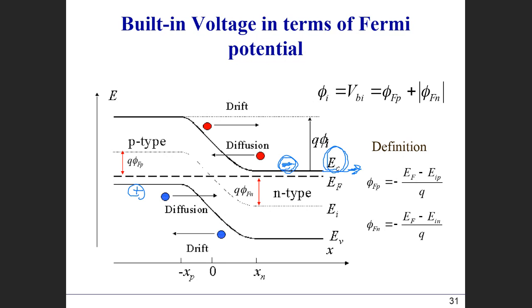Okay? In the P side, your EC is located at this level. Okay. Let me ask a question here. Which side has the higher energy in terms of electron? Is it P side or is it N side?